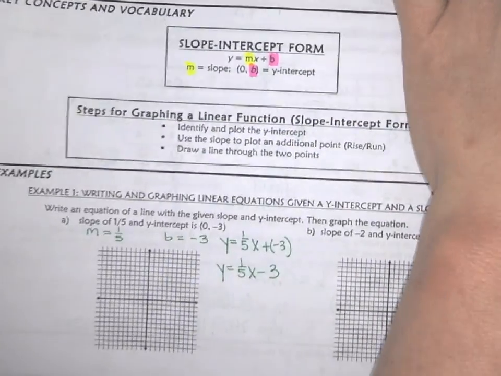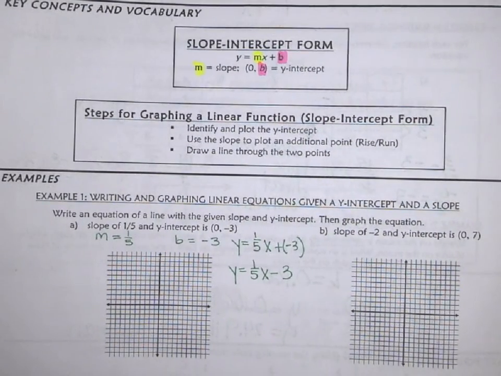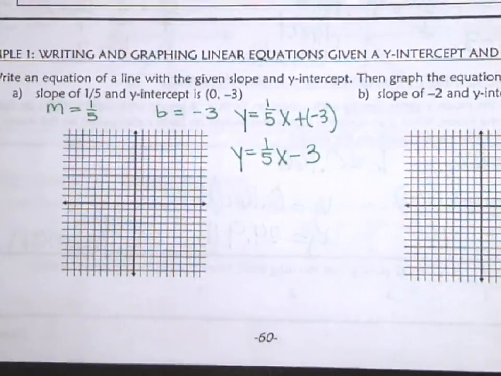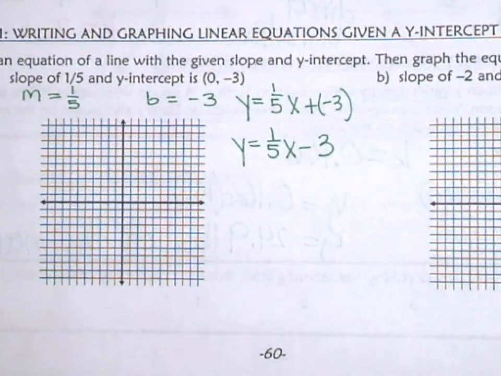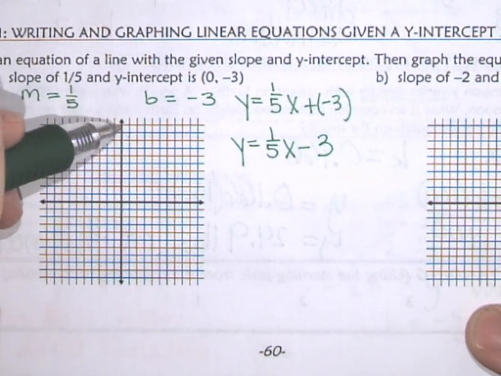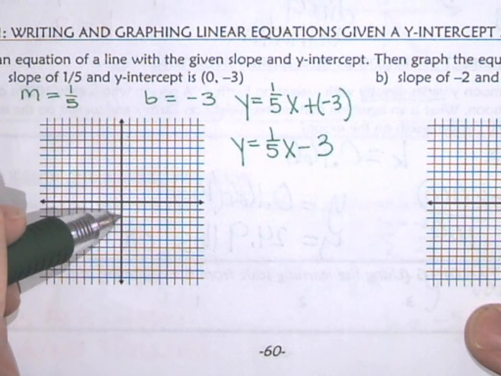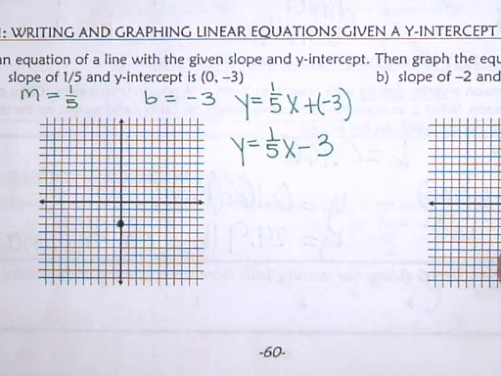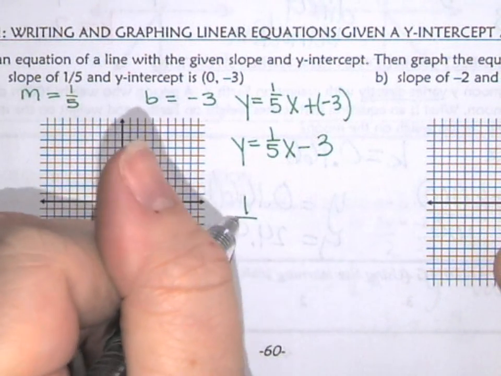So the first thing that I'm going to do here is plot my y-intercept. My y-intercept is at (0, -3). So I'm going to go to 0, -3. Now, to use my slope, I have 1/5.